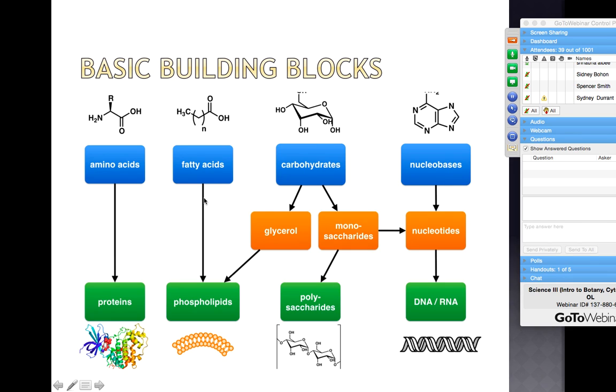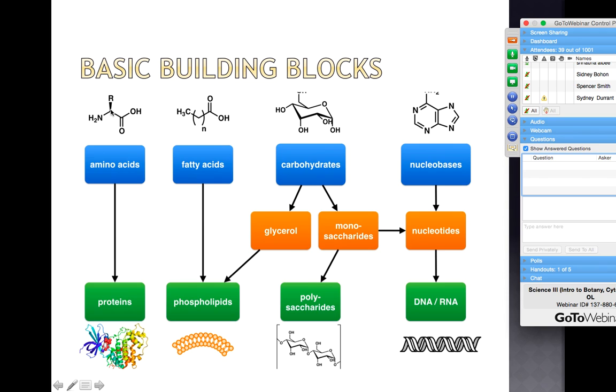Here I inserted this other slide, and it tells us a little more about the basic structure of each one of these building blocks, what they are, their names and what they are used for. In the video I mentioned, when you see these chemical structures, Haley, excellent, yes, the building blocks of proteins are amino acids.